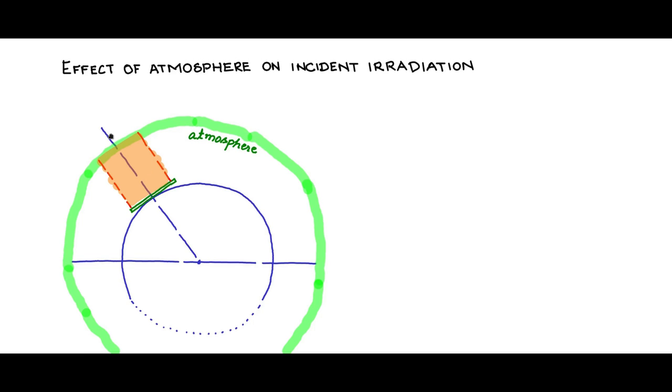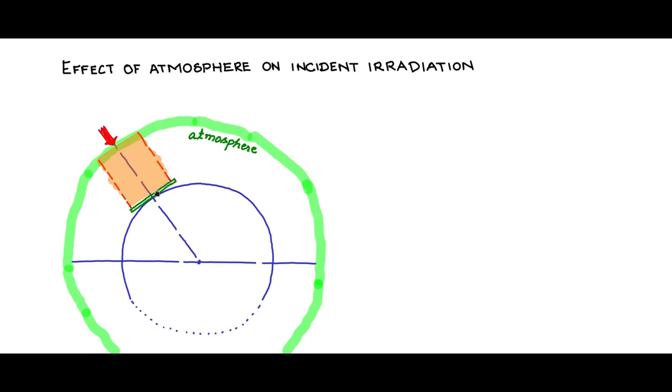So what will be falling here? This is the incident insolation that is falling at the outer atmosphere. Without atmospheric effects, we had considered H naught.